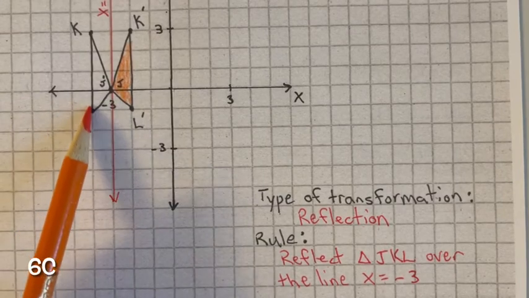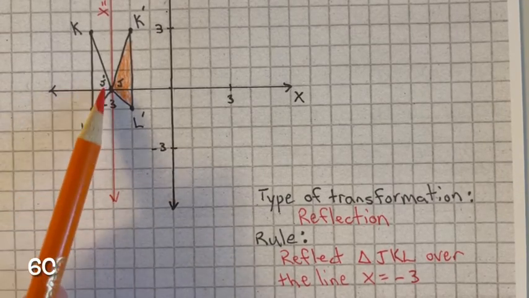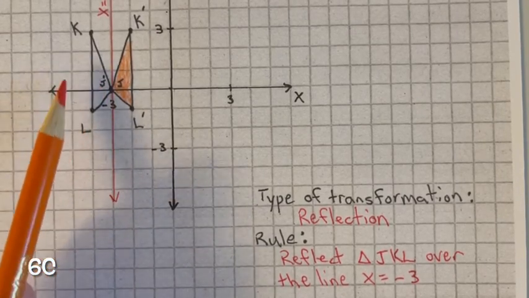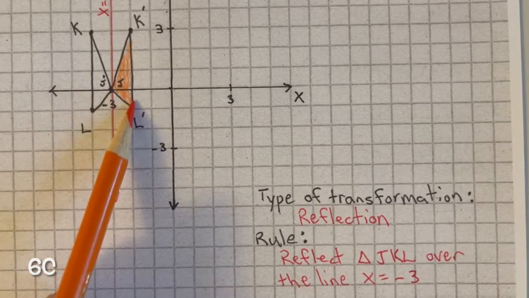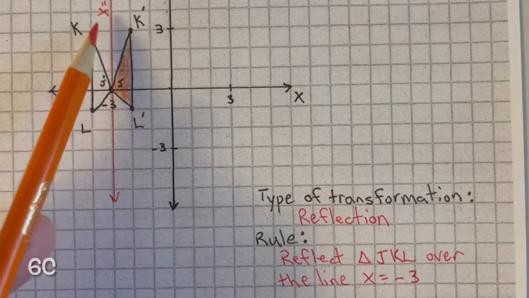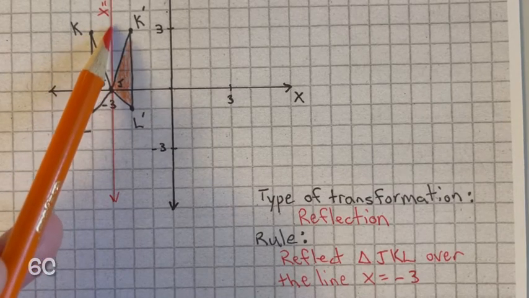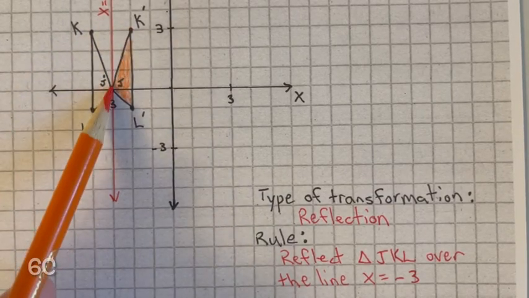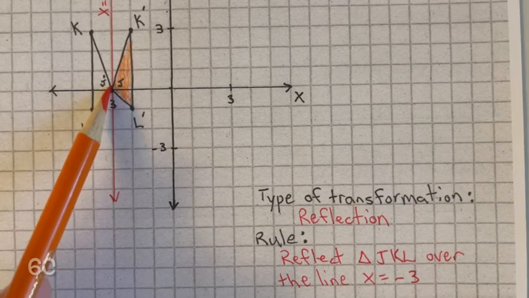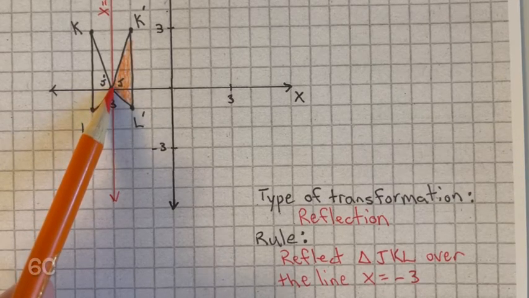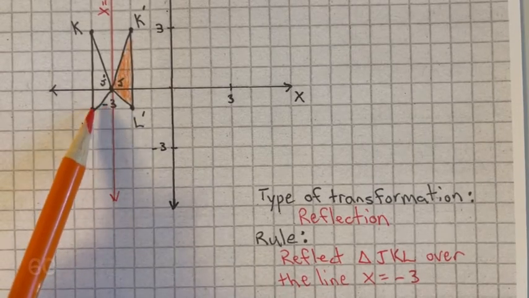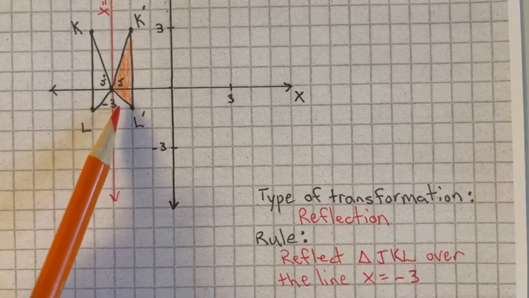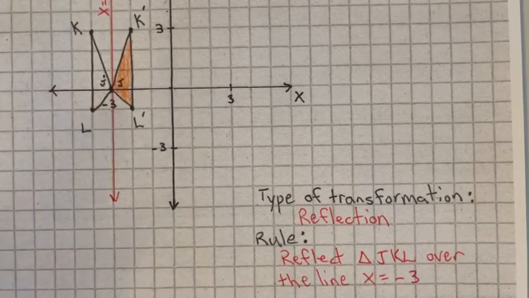So we're again reflecting triangle JKL over x equals -3. You can see K is 1 unit to the left, K prime is 1 unit to the right. J and J prime share that it's on the line of reflection. L is 1 unit to the left, L prime is 1 unit to the right.